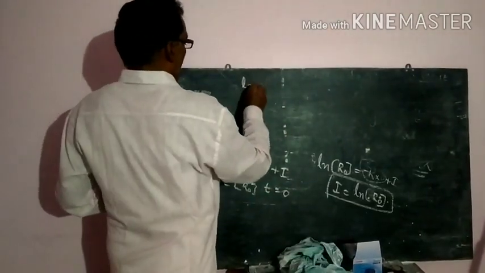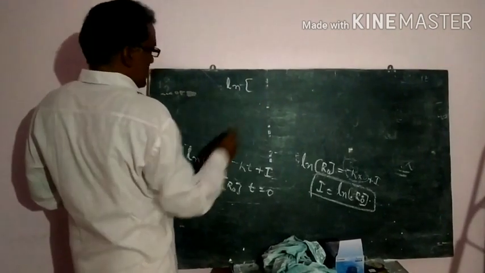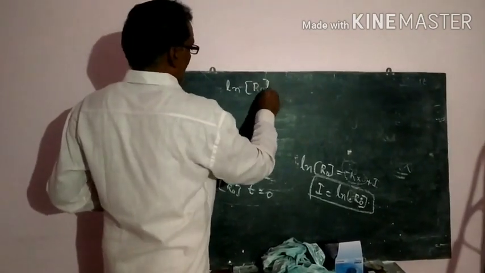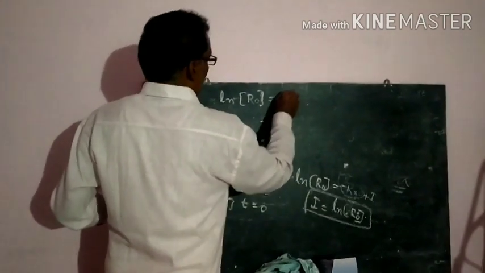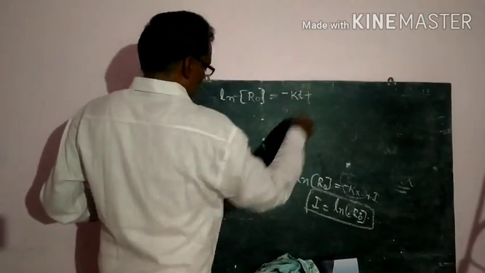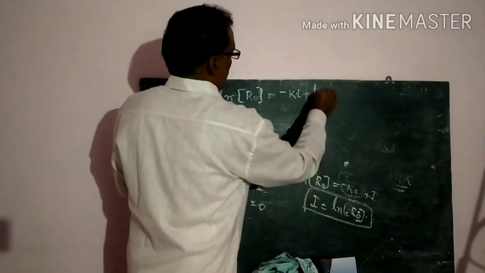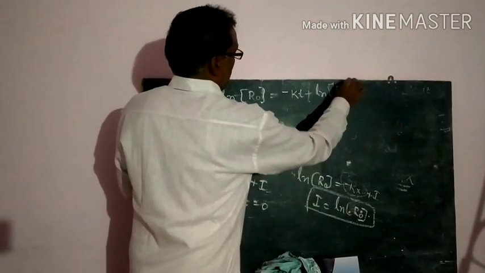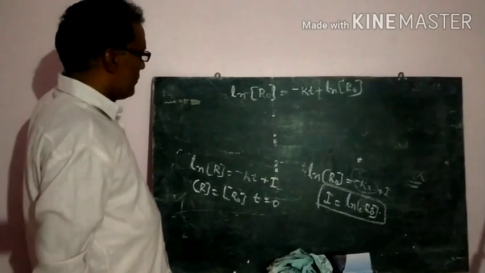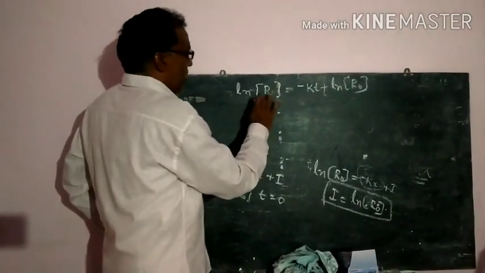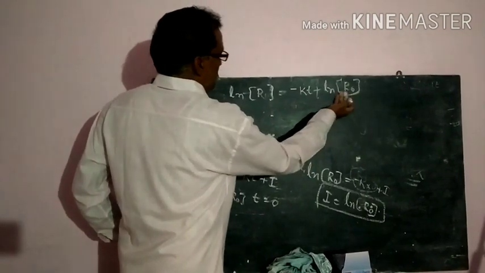That means after substitution, in the place of R we are writing down ln R is equal to minus k into t plus I value, which is nothing but the natural logarithmic value of R0. Okay, so then this is R only. Bring this value to this side.